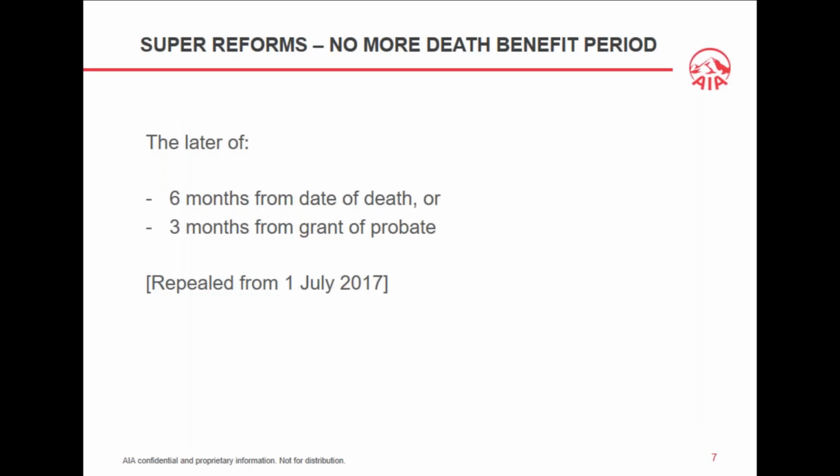So following on from that, from 1 July, the other subtle change is that we no longer have what we used to refer to as the death benefit period. Some of you might be familiar with this old rule, but in broad terms, we used to have this 6 months from date of death or 3 months from the granting of probate rule, and the later of those two dates, and that impacted the taxation of death benefit pensions, and it indeed prevented rollovers from occurring in the earlier instance that we looked at in the case of mum being the surviving spouse.